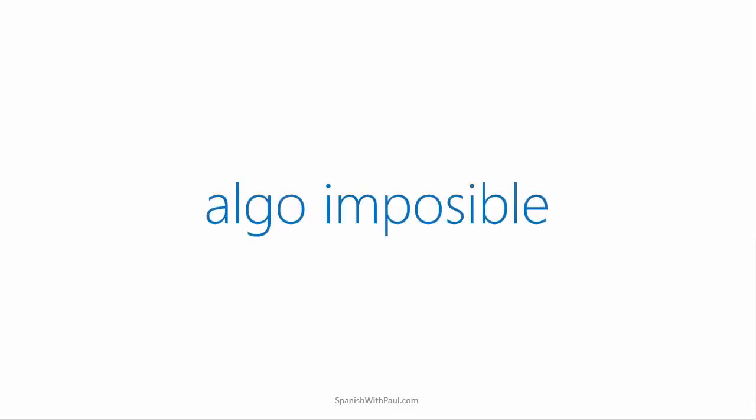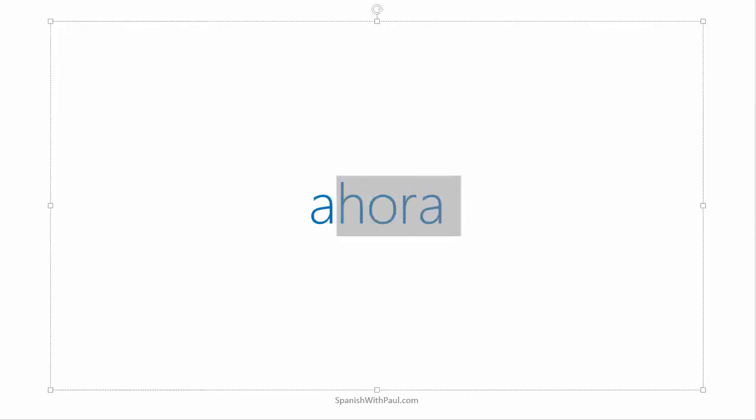Do you remember the word for something? Algo. How would you say something impossible? Algo imposible. The word for now is ahora. Ahora. Hora on its own in Spanish means hour, and this is implying at the hour.